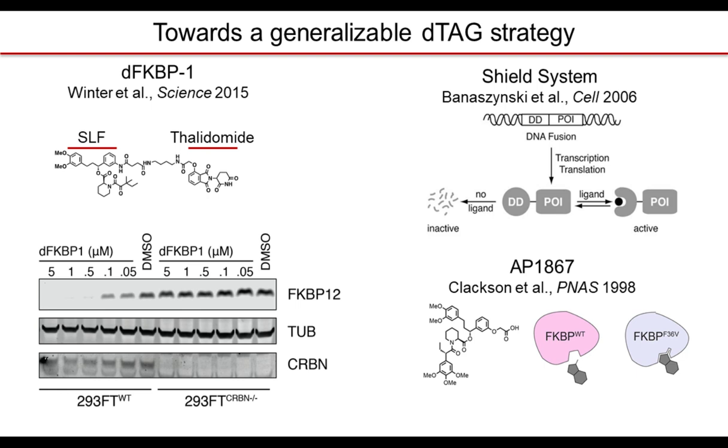When hooking up this DD domain, or destabilizing domain, to the target protein of interest, this leads to destabilization of the target. They then describe this small molecule ligand, SHIELD1, which upon treatment of cells leads to the stabilization of this target. This is inherently the reverse of the system that I'll be talking about today, but critically what it demonstrated was that FKBP12 could be effectively used as a tag.